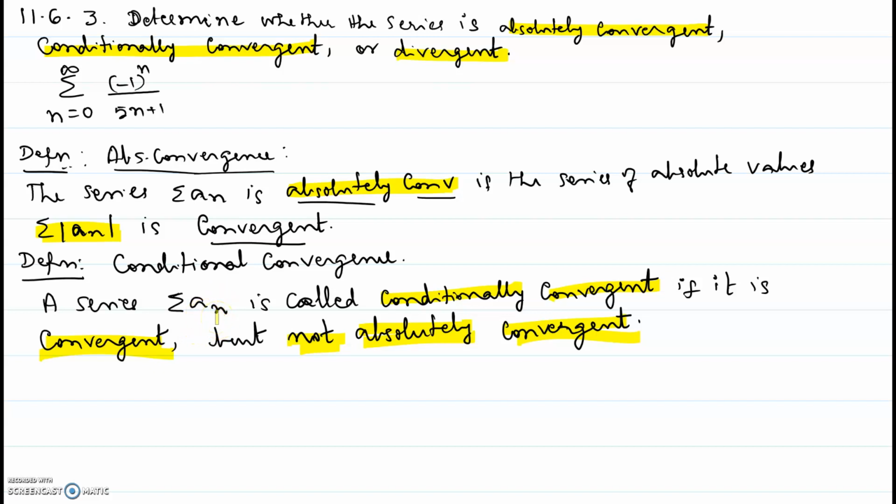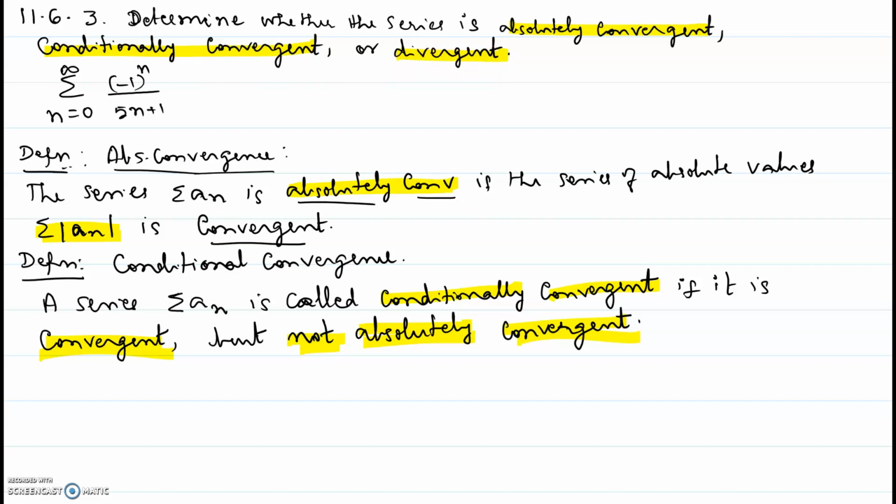So by alternating series test, you would be able to prove that sigma an is convergent. But if you take the absolute values of the terms, it may not be convergent. So a series is conditionally convergent if it is convergent but not absolutely convergent. By series being divergent, you already know if a series is not convergent, then it is said to be divergent.